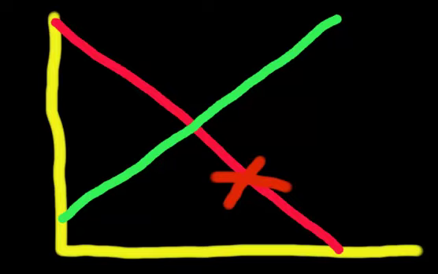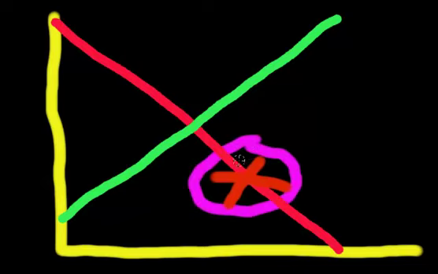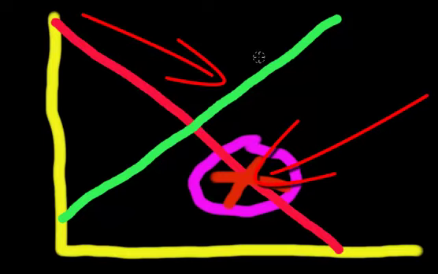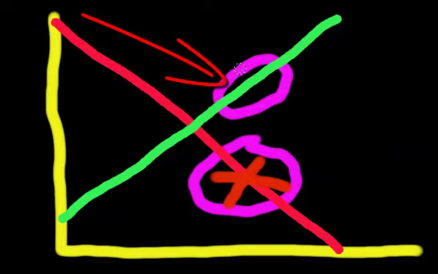At a point like this, you'll notice that the benefit of consumption, which is given by this downward sloping demand curve, the benefit curve, is below the cost curve up here.